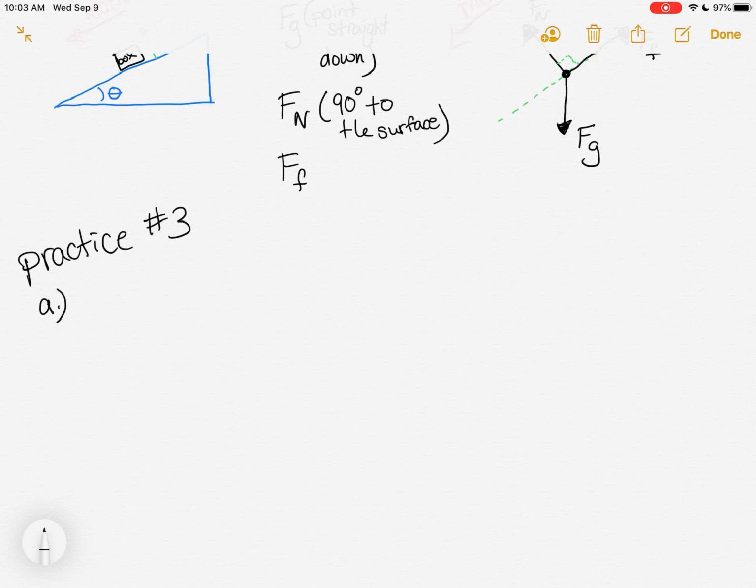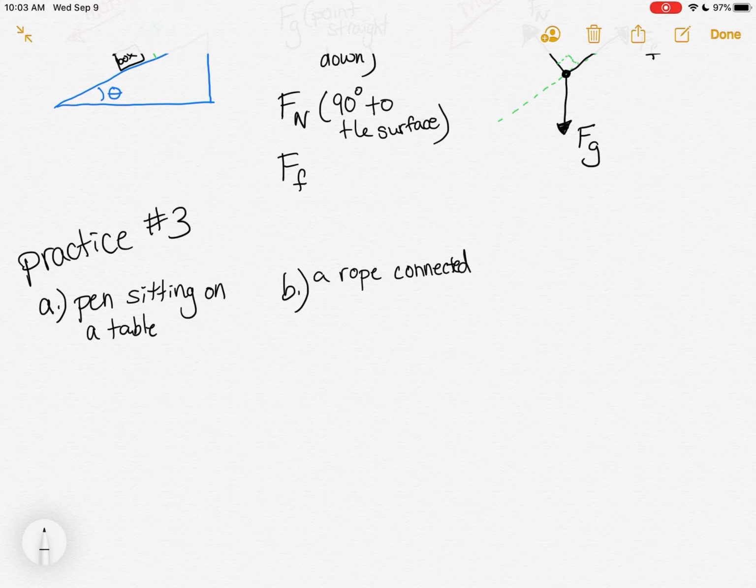Okay, so the first one is going to be a pen sitting on a table. B is going to be a rope connected to a crane raising a piano vertically. And then C, we're just going to do 3 here instead of 4.